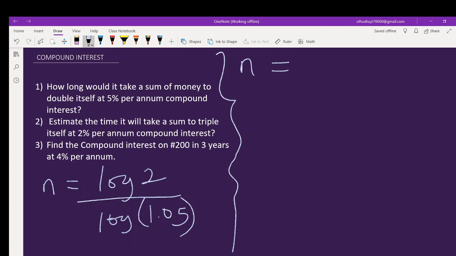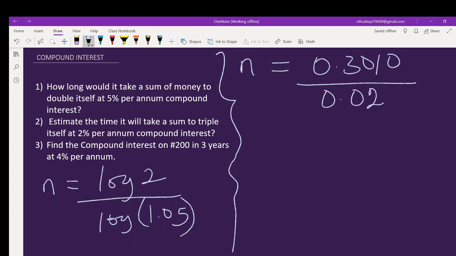Though you should know that it is 0.3010. So n is 0.3010 divided by log 1.05, that is 0.0212.